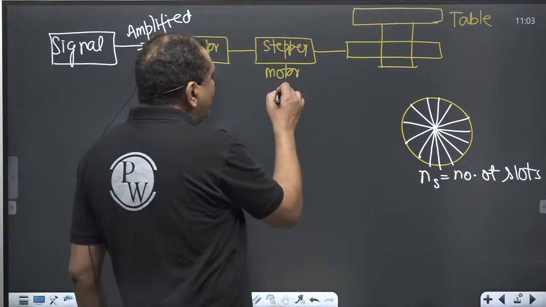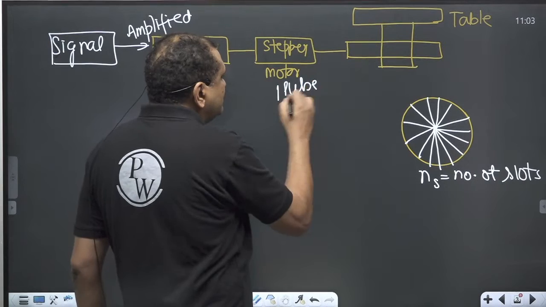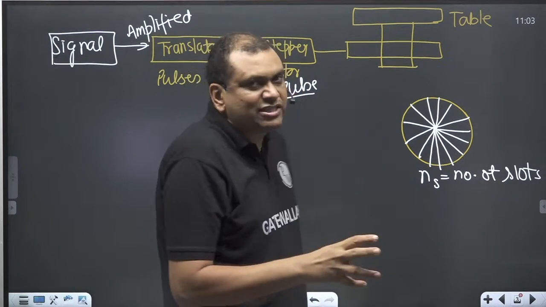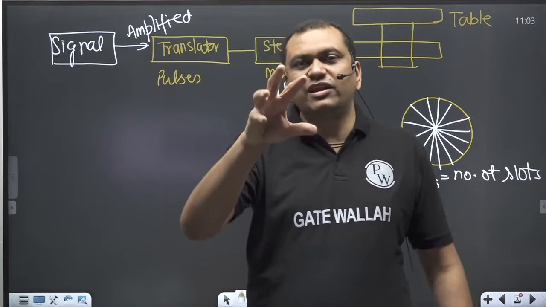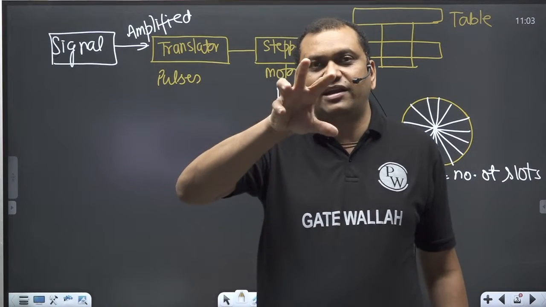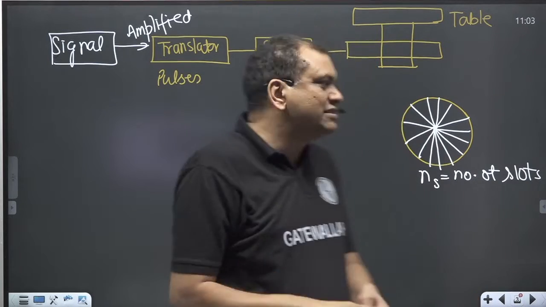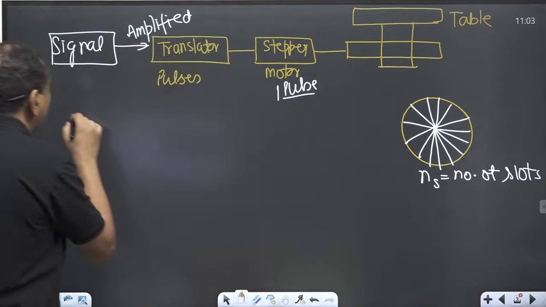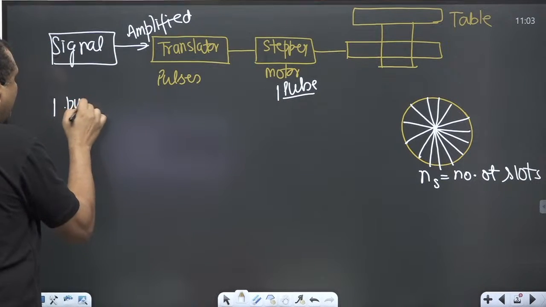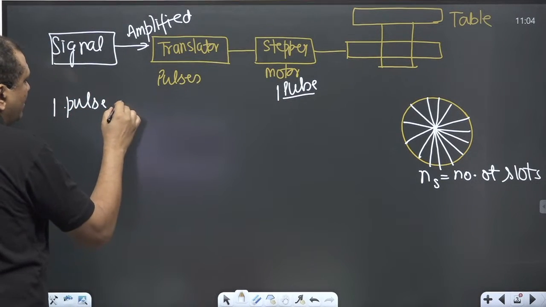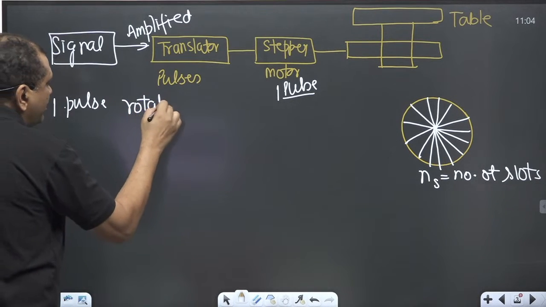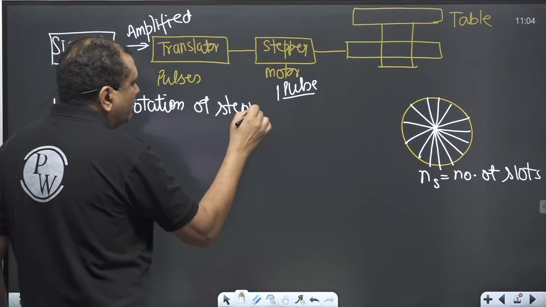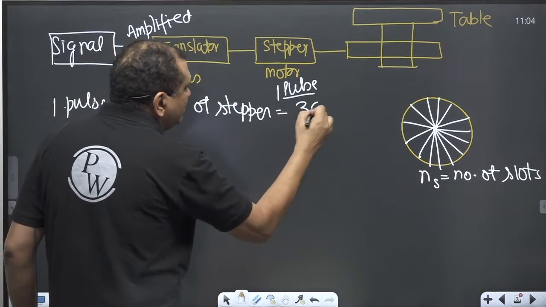So when one pulse is received by the stepper motor, it advances by one step. The stepper motor will advance in a step, like this. So corresponding to one pulse, the rotation of the stepper is nothing but 360 by NS.